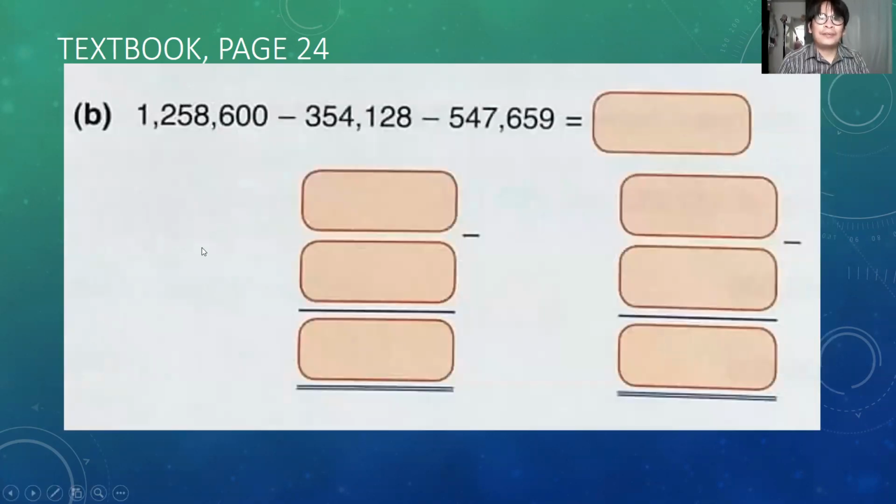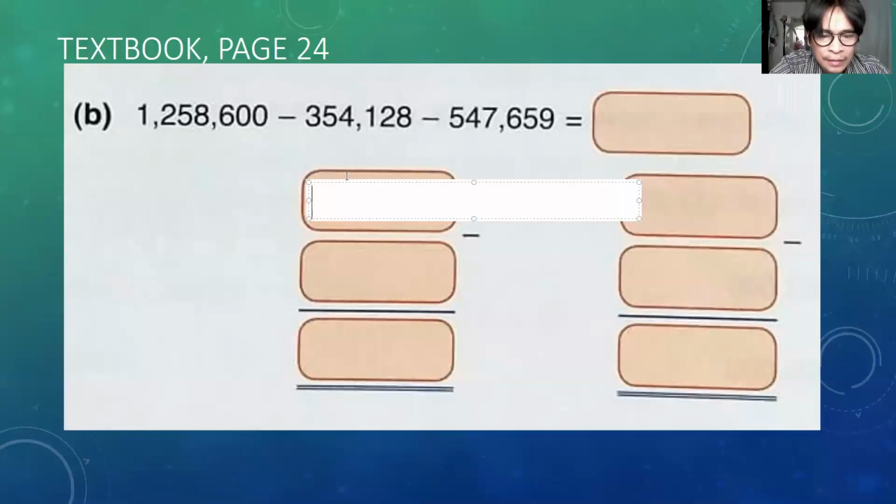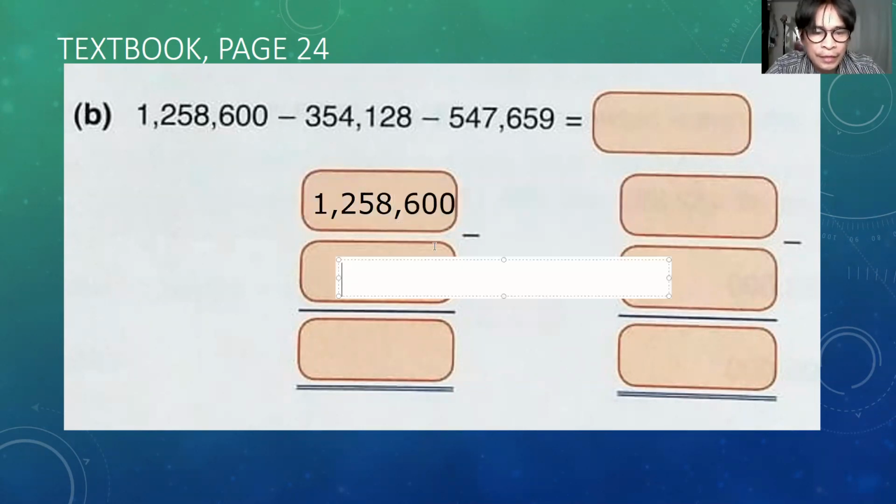Letter A. Okay, this one, just fill in the blanks with the numbers given. So here, let's do it quickly. 1,258,600 minus 354,128.